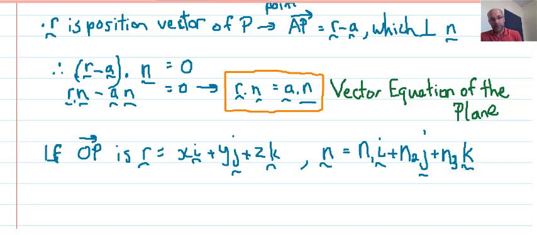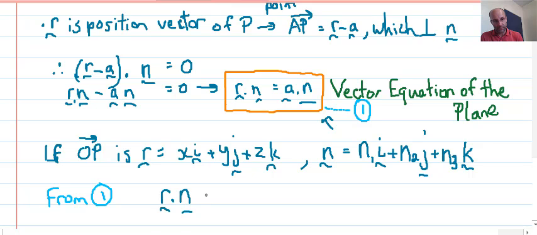So if we've got r equals that and n equals this, we use the basis that we just achieved up here, the vector equation of the plane, to develop the Cartesian equation of the plane. Calling that vector equation of the plane number 1, from 1 we can develop what we need in terms of the Cartesian equation.